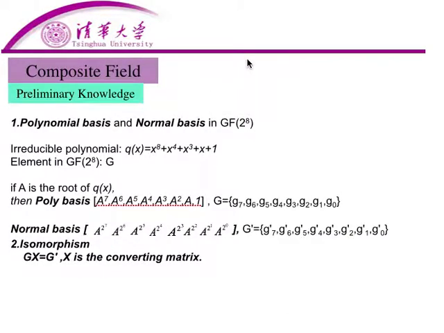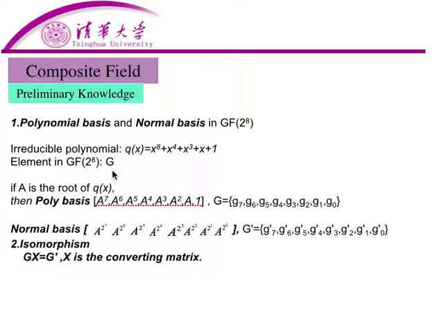Before I go further, I need to give a few preliminaries about composite fields. As we know, there is an irreducible polynomial q(x) equals x^8 + x^4 + x^3 + x + 1.